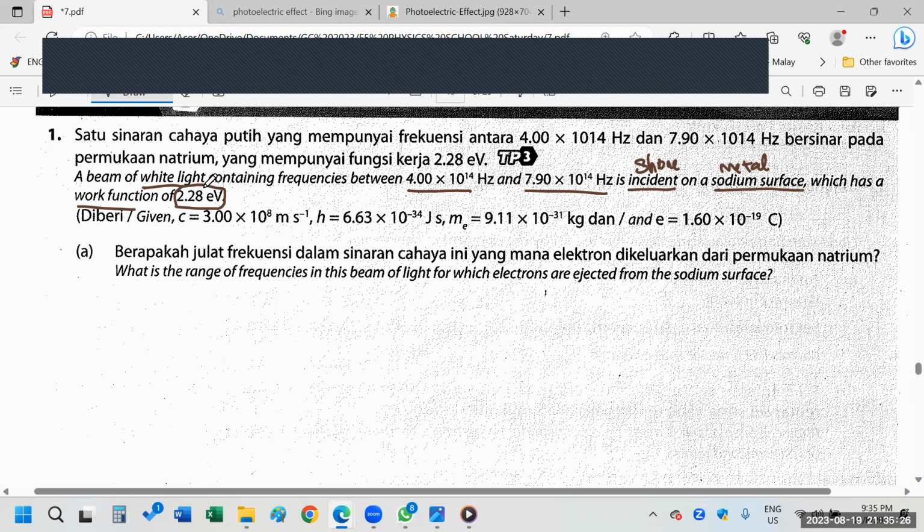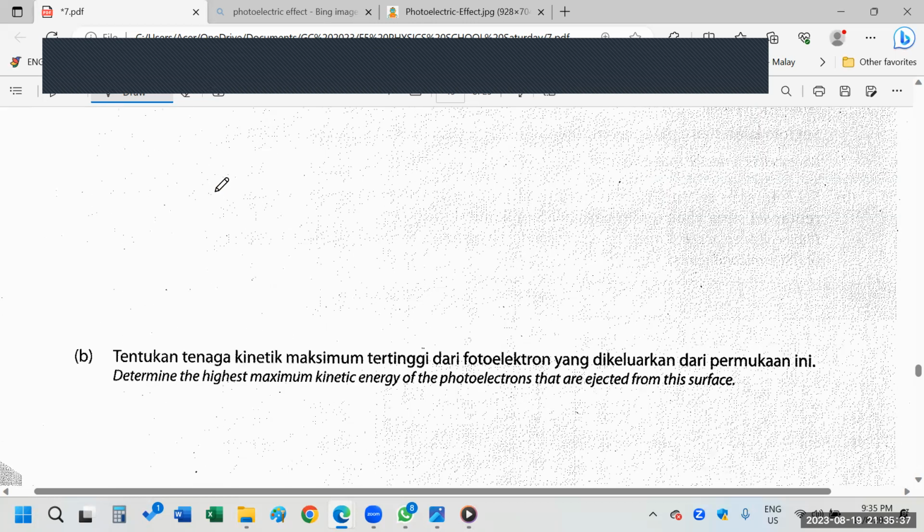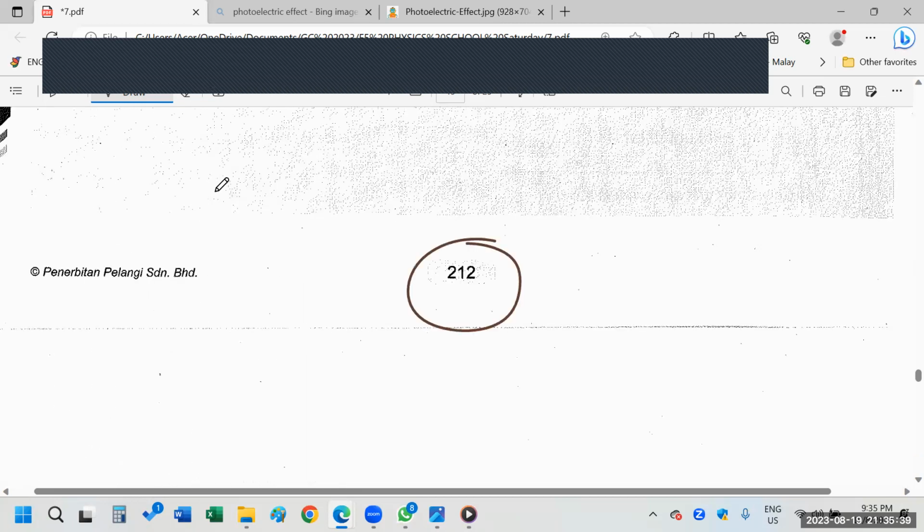We study this next week. Normally we use joules, right? But we can also study in eV. I will skip this first.